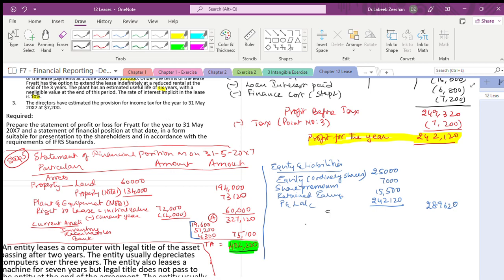This is shareholders' fund. Next, non-current liabilities.